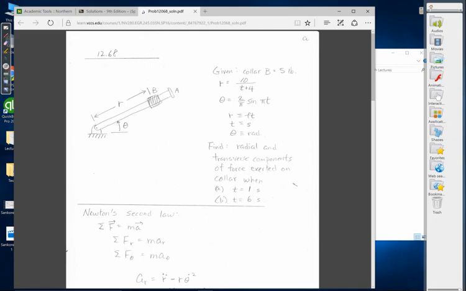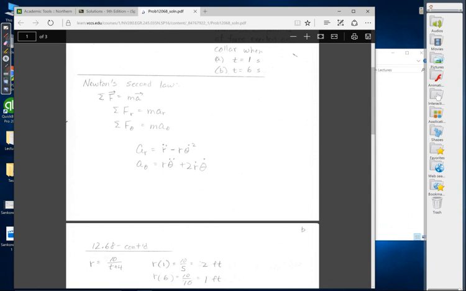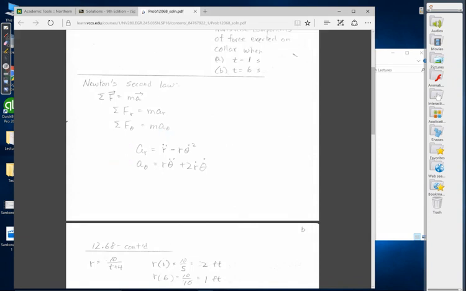So you know this is a second law problem since we're looking for forces, and you're going to apply sum of forces in the radial direction is mass times acceleration radial, sum of forces transverse is mass times acceleration transverse, where your accelerations are given by these two equations here that you remember from last time, the ones that deal with the first and the second derivatives of r and theta.